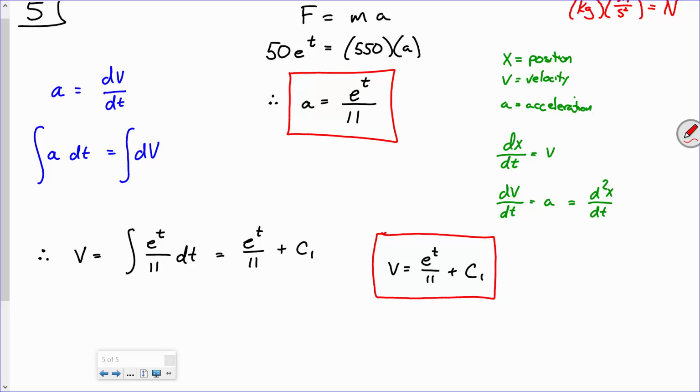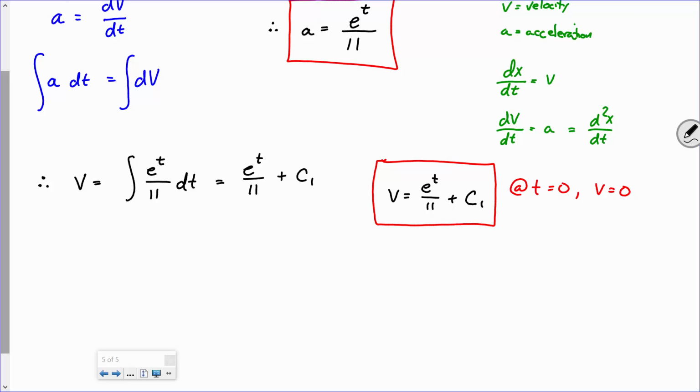At rest. It wasn't doing a thing, right? So if it started out at rest, what is its initial velocity? 0. So at t equals 0, the velocity is 0. So let's write that out. At t equals 0, v equals 0.